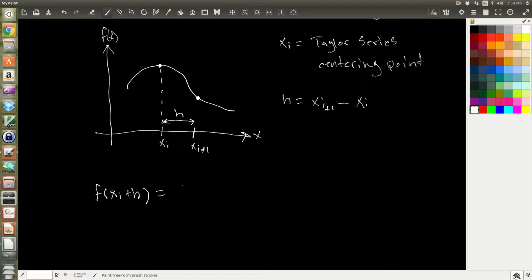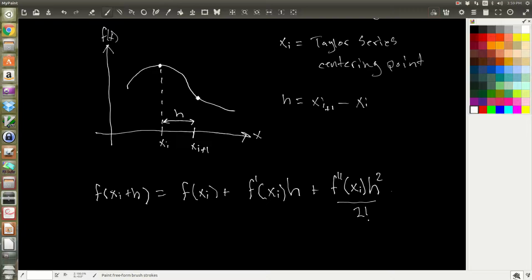then that is going to be equal to our function at xi, plus the first derivative of the function, also evaluated at xi, times h, plus the second derivative of that function, so f double prime, evaluated at xi, times h squared, all over 2 factorial.